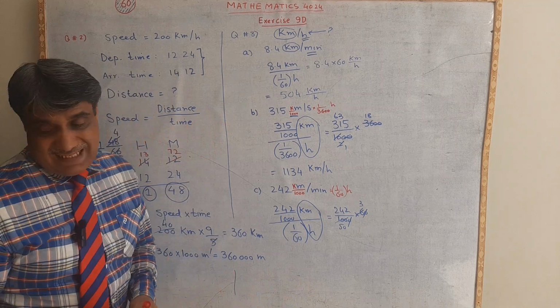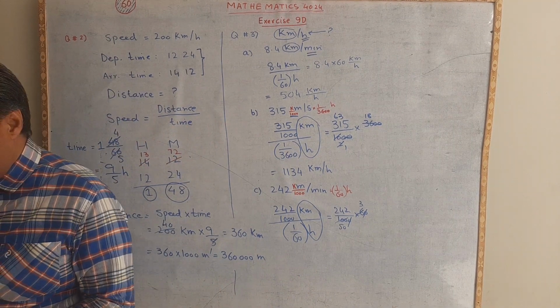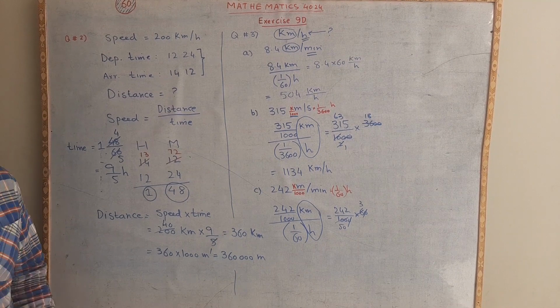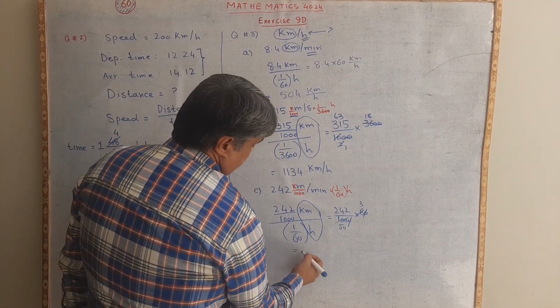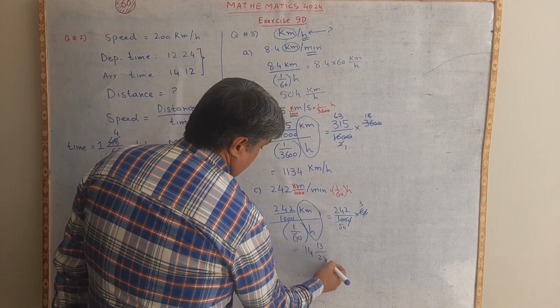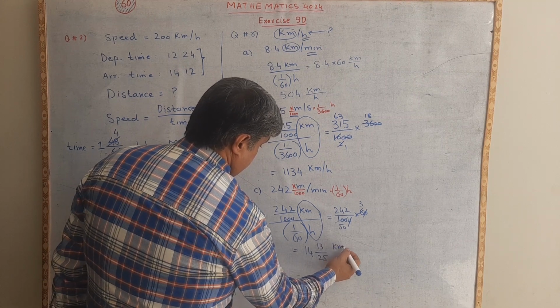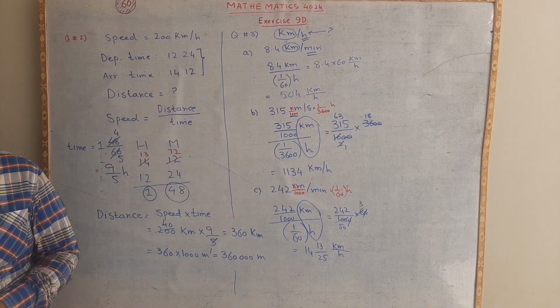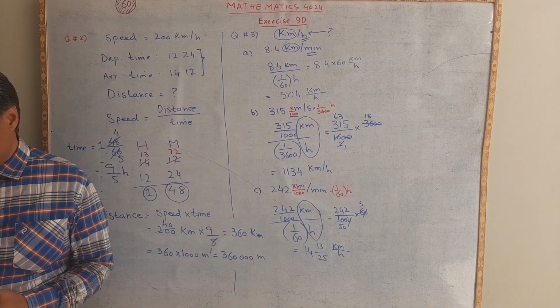That can be cancelled. Let me write the ultimate answer, and that is 14 whole 13 over 25. 14 whole 13 over 25 kilometer per hour will be the ultimate answer.